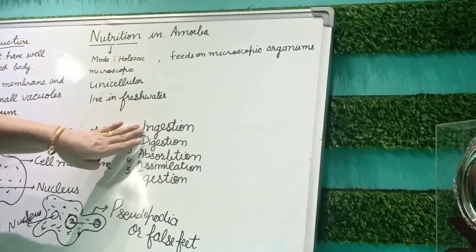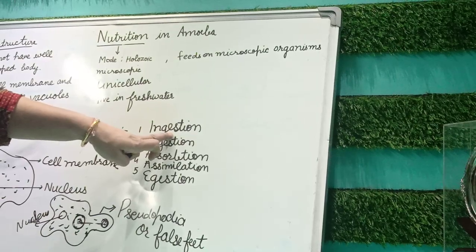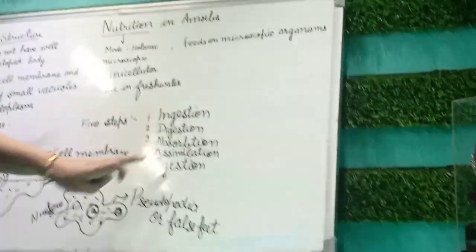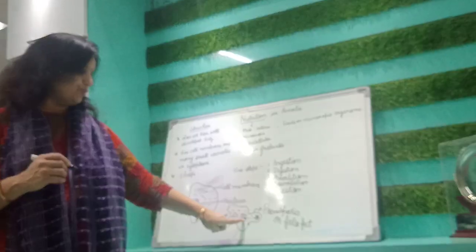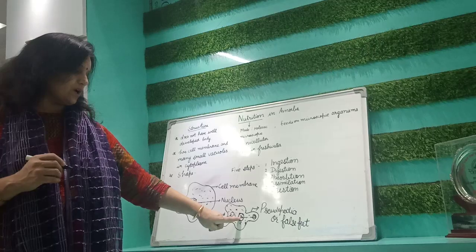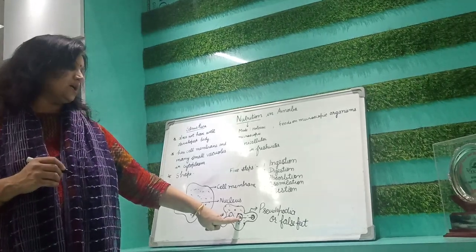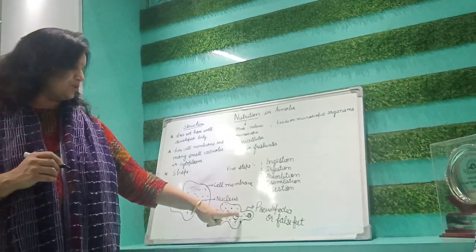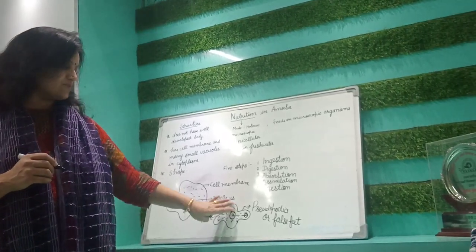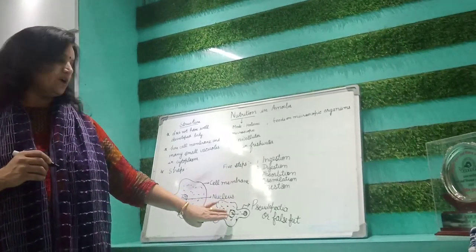So there are 5 total steps. First step is ingestion, taking food into the body. Second step is digestion. The complex form of food in the food vacuole is broken down into simpler substances. And this simpler form of food gets absorbed by the cytoplasm of the body by the process of diffusion.